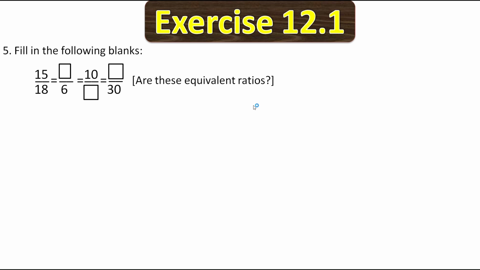Okay. As we all know, if we have two fractions and in between them there is an equal sign, then those fractions are equivalent. Not equal, they are equivalent. So that means if we multiply any one of them by any number, then we will get the second fraction. Here the smallest fraction is this one, because the denominator is smaller than this one, right?